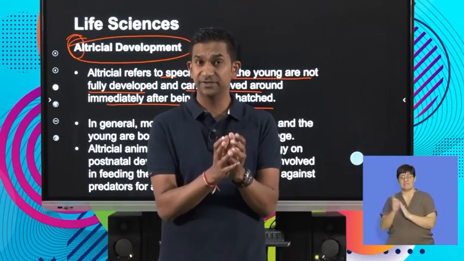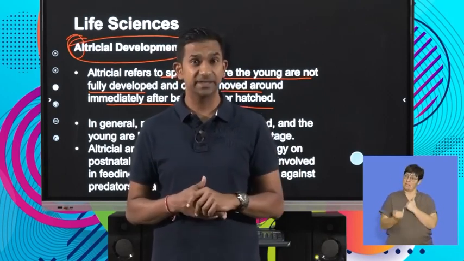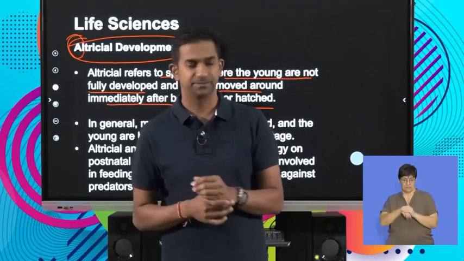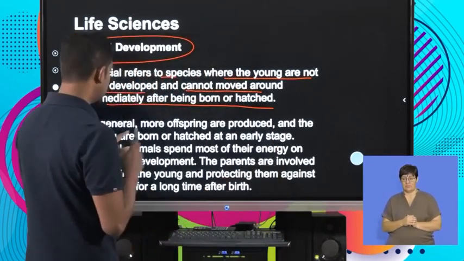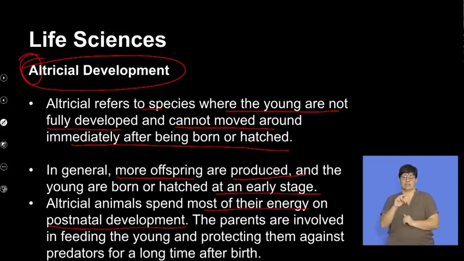So they're born often with very limited movement or the ability to survive independently. And so lots of their development happens postnatal. So let's try and unpack that. So in general, more offspring are produced, and you'll find that the young are born or hatched at an early stage. Altricial animals spend most of their energy on postnatal development, so after birth.